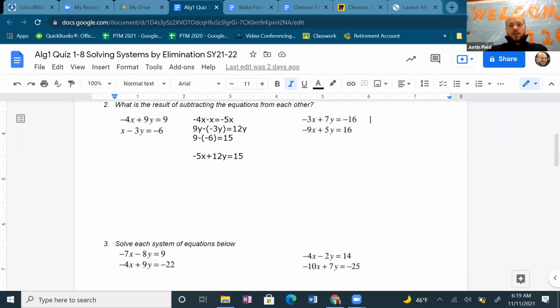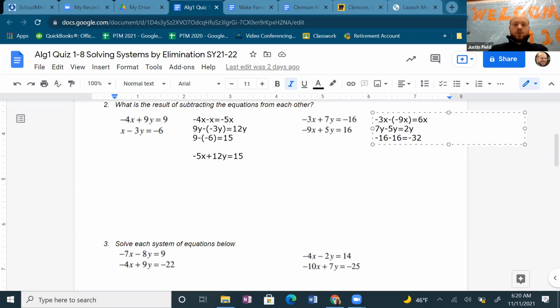Okay. Next one, negative 3x minus negative 9x. That would be negative 3 plus 9, 6x. And then 7y minus 5y, 2y. And then negative 16 minus 16. A lot of people put 0 for this. But you can clearly see it is negative 32 because they're both negative.